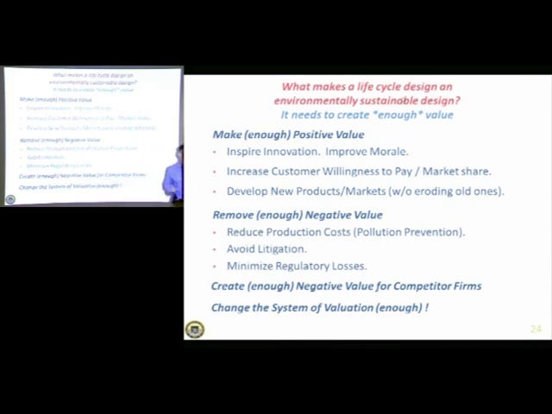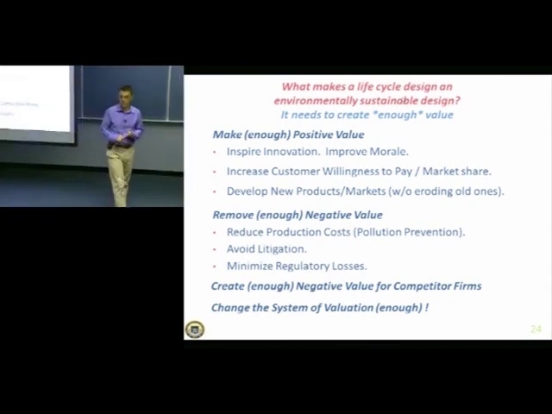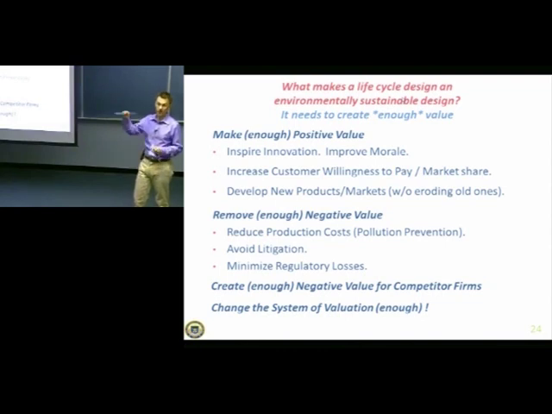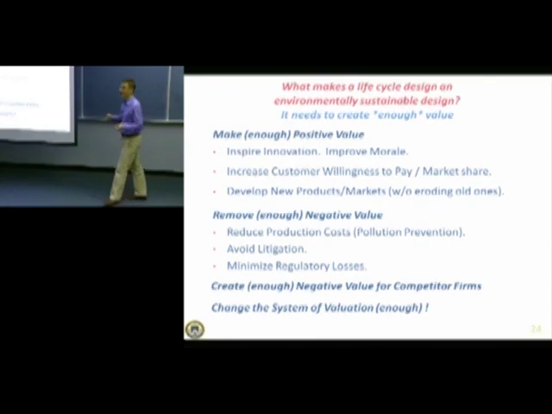Creating negative value for competitor firms. So think back to the 80s when folks were figuring out that stratospheric ozone depletion was caused by CFCs. And you're a company that makes CFCs, so you are lobbying very hard to get people to ignore this problem until the day you figure out that we can substitute CFCs with non-ozone depleting substances.